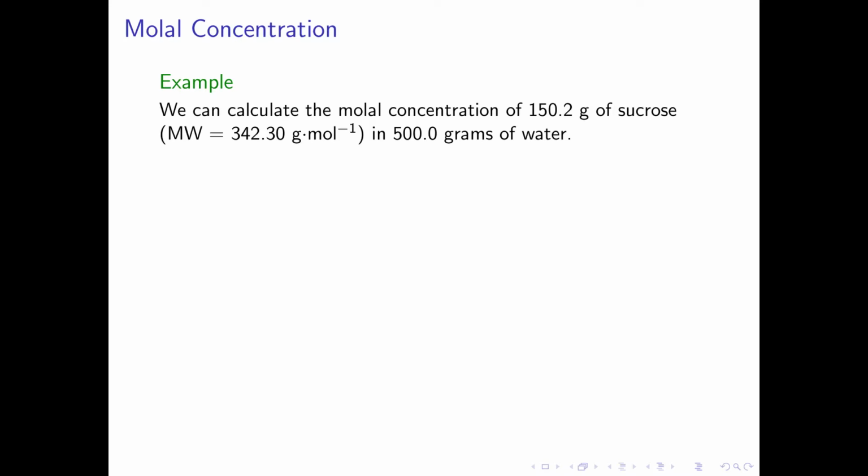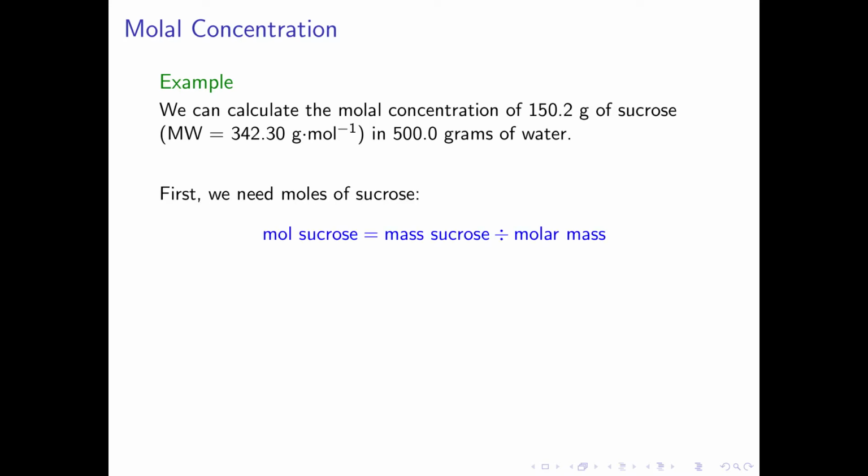We can calculate the molal concentration of 150.2 grams of sucrose, which has a molecular weight of 342.30 grams per mole, in 500 grams of water. To begin, we need the moles of sucrose. This is calculated as the mass of sucrose divided by the molar mass, which is equal to 150.2 grams times 1 mole over 342.3 grams, which gives 0.4388 moles of sucrose.